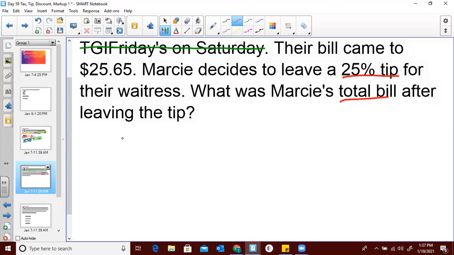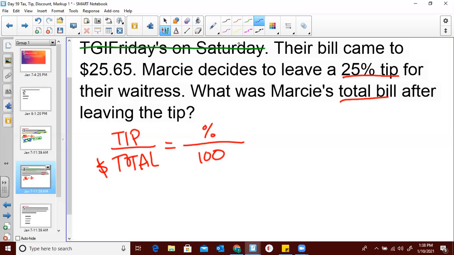Again, remember I said that when we set up our two proportions, in the numerator in the first one, we're going to have tax, tip, discount, or markup. In this case, we have a tip. We're also going to have our money total, and that's always going to be over percent over 100. So I fill in my proportion. I know I'm looking for my tip, so we're going to have an X there.